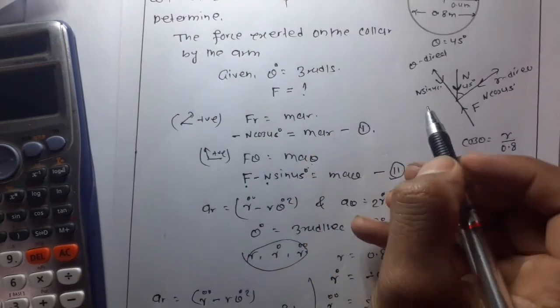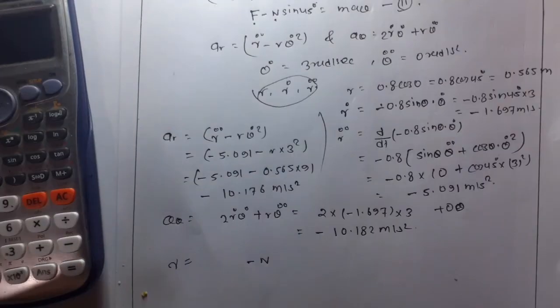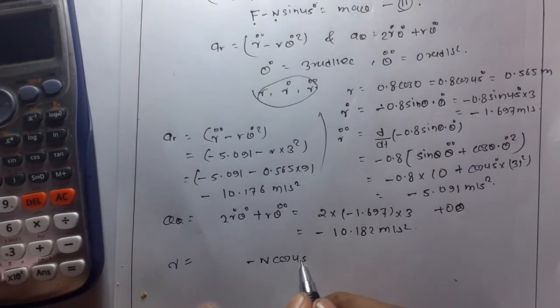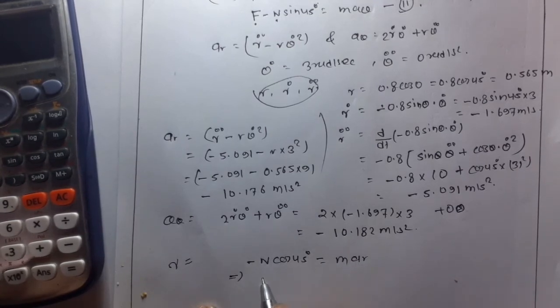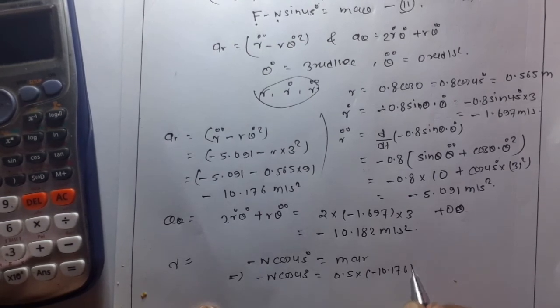Now from equation number 1, minus N cos 45 degrees is equal to m a_r. So this implies minus N cos 45 degrees is equal to m, which is 0.5, into a_r, which is minus 10.176.